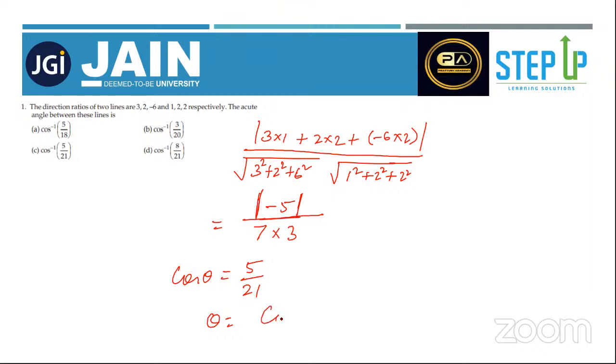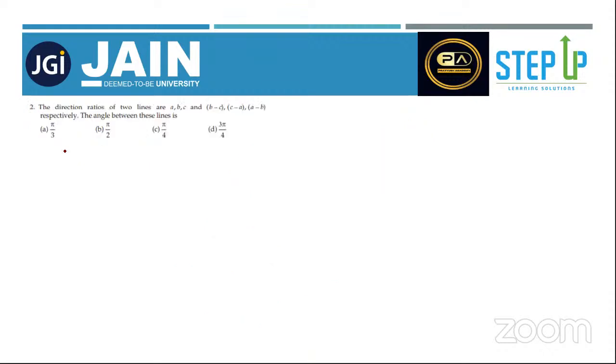So what is theta equal to? Cos inverse 5 by 21. So answer for this question is option C, cos inverse 5 by 21. Any doubt, anyone? Try to solve question number 2.